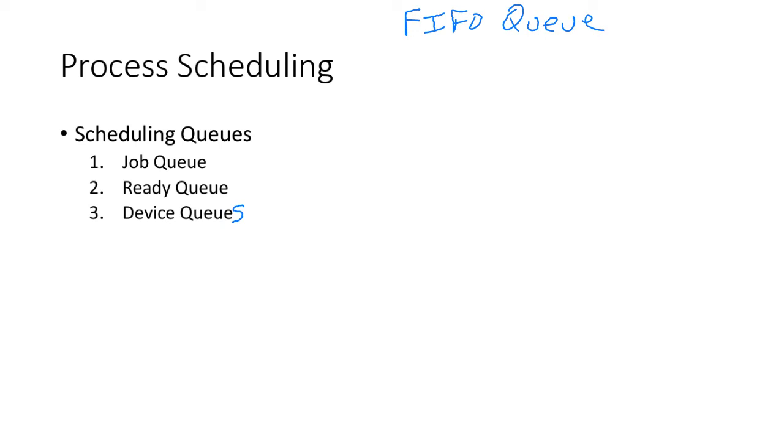We can actually implement a first in, first out queue using a linked list or an array and so forth. So we had the two major operations: enqueue, adding to the back of the list, and dequeue, removing one from the front.